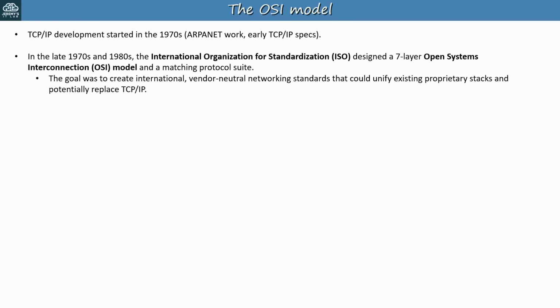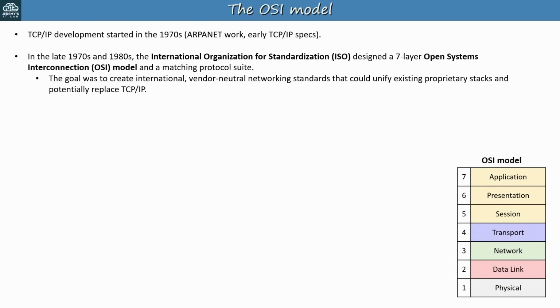The goal was to create international vendor-neutral networking standards that could unify existing proprietary stacks and potentially replace TCP/IP as the vendor-neutral choice. Here is that model, with 7 layers from top to bottom: application, presentation, session, transport, network, data link, and physical.